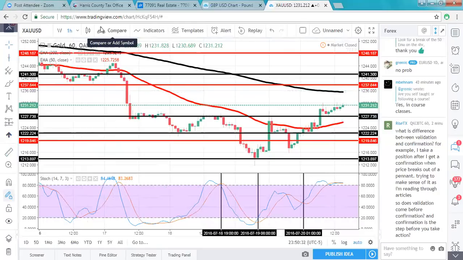And you can just use it for entries. If you have another way to take profit, then do so. Stop loss is the same way. You always use stop loss above your previous high and below your previous low. That stays the same.